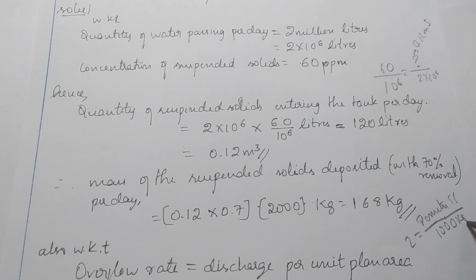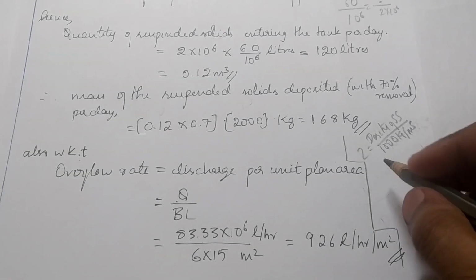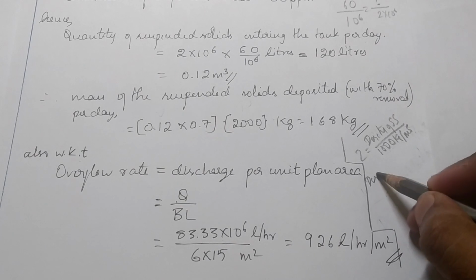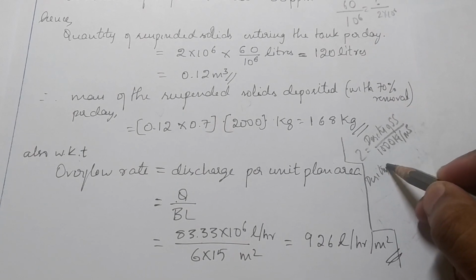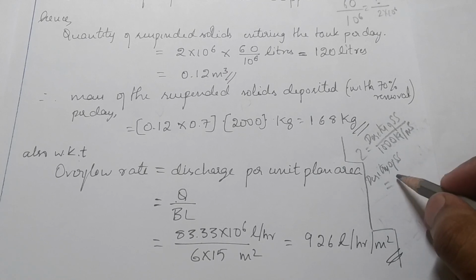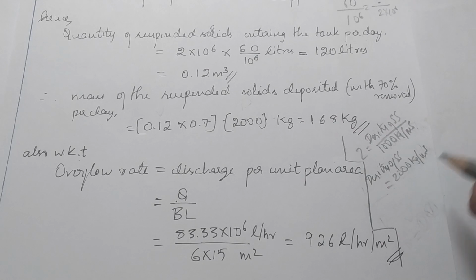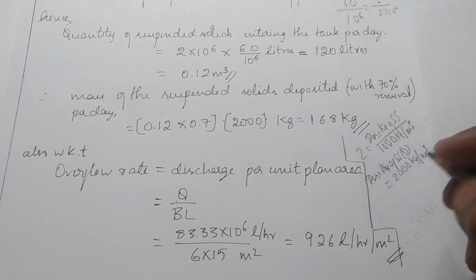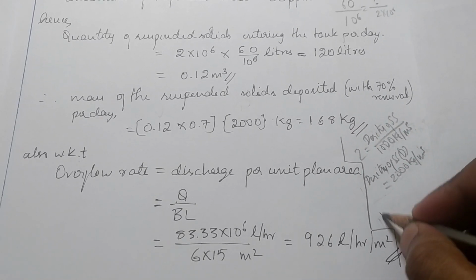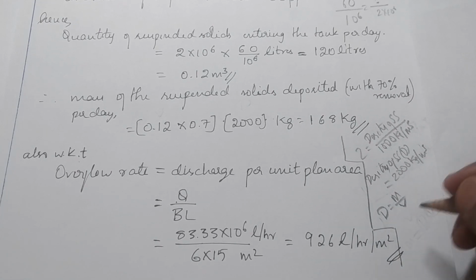It is in kg per meter cube. So it is nothing but the density of suspended solid, and on cross multiplying you will get 2000 kg per meter cube, that is D. You know the relation, density is equal to mass by volume.